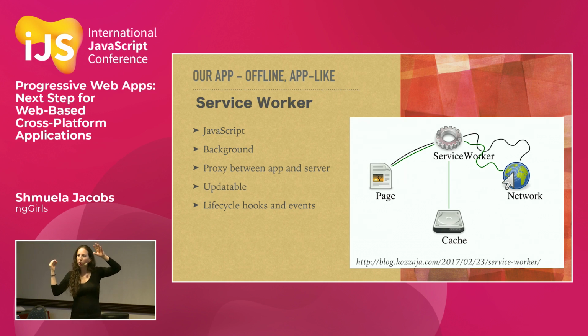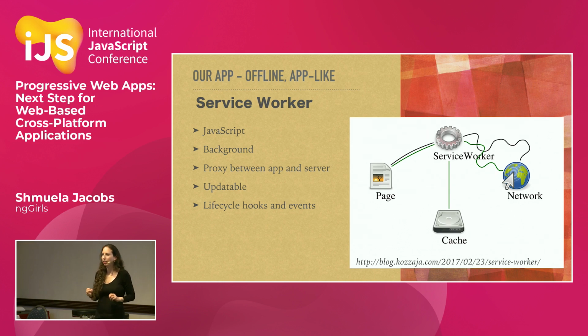All the requests that you have go through this service worker, so you can cache things. You can tell it, okay, requests of this type that go to this domain, please cache them, and cache them for, for example, 30 days.